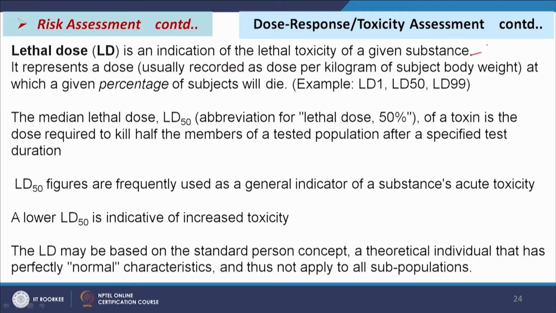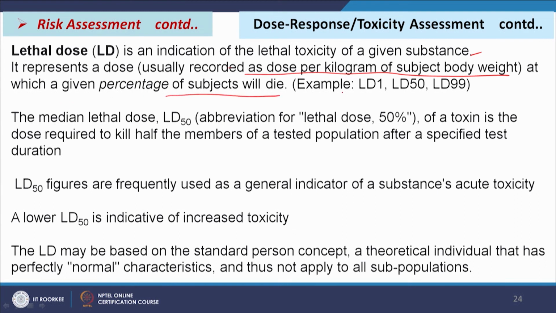Now, another is your lethal dose. So, when we want to quantify the dose response with acute impact, at that time we get lethal dose. So, lethal dose is an indication of the lethal toxicity of a given substance, and it represents a dose usually recorded as dose per kilogram of subject body weight at which a given percentage of subjects will die.